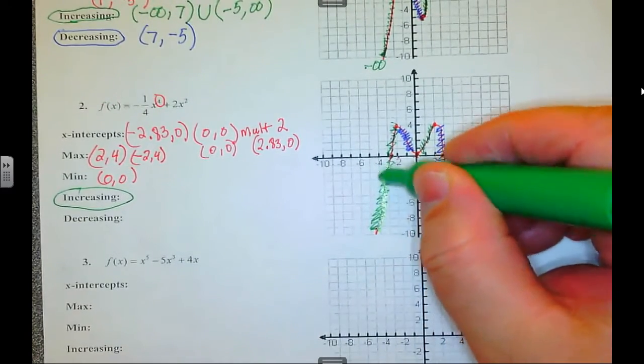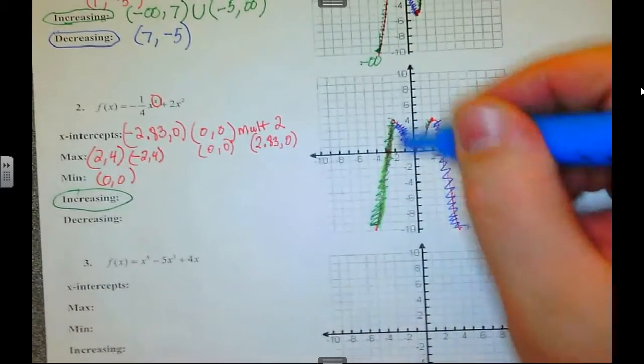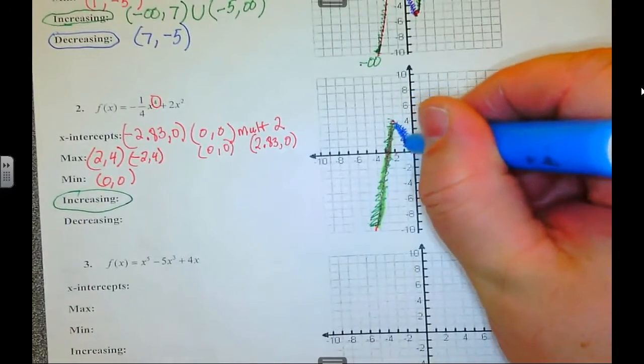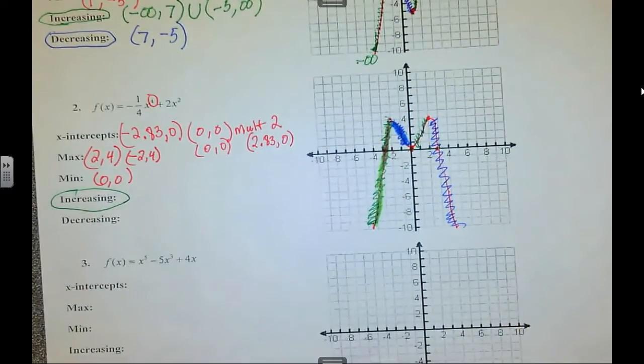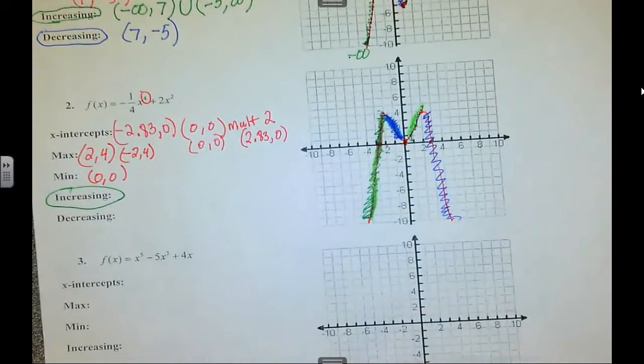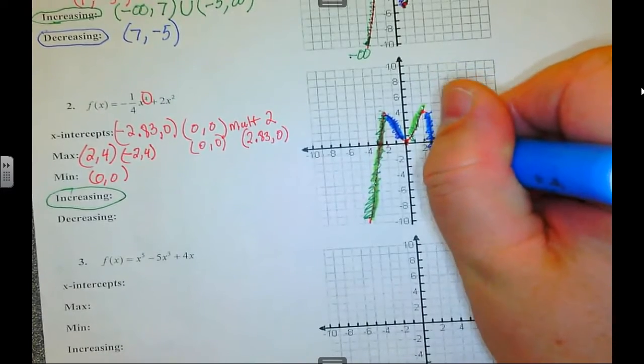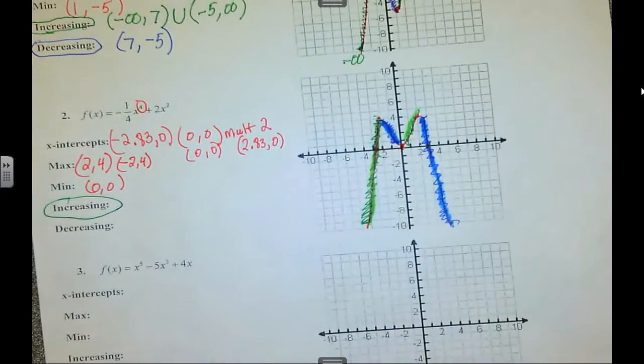Increase, increase, increase. Decrease, decrease, decrease. Yes.